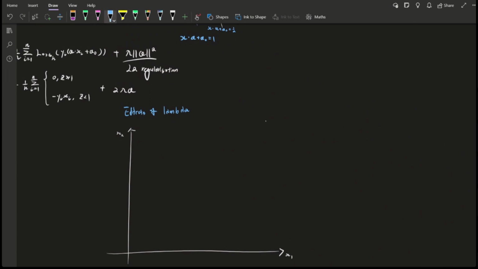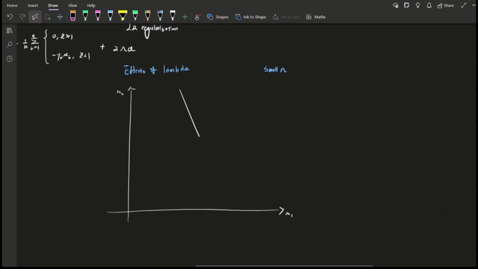Okay, so let's start with a small lambda. That means your regularizing effect is not very strong, so it doesn't try that much to make the margin very big. The margin will be kind of close to your decision boundary.